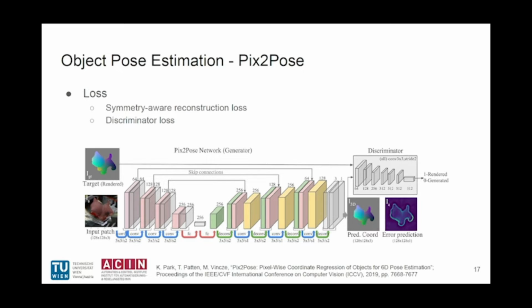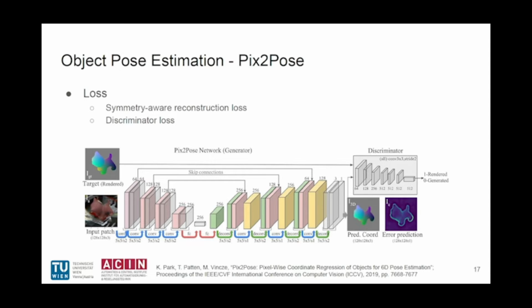The network used for that approach is an encoder-decoder type of structure with skip connections. If you have the annotated pose of the object model, then you can automatically create your ground truth colored images, so that's fairly straightforward.